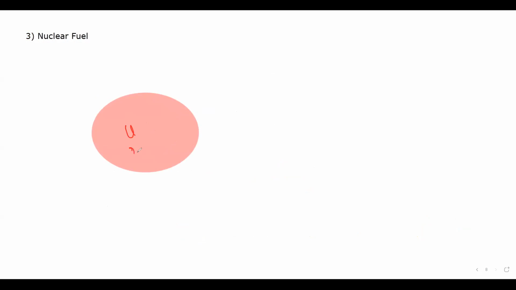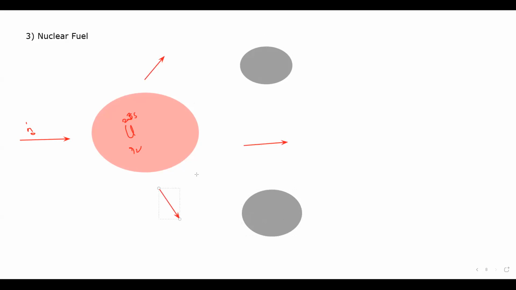We use uranium-235, the isotope with atomic number 92, and we break down this uranium with the help of a neutron. We target this uranium with a neutron, and the uranium nucleus breaks down into smaller nuclei. So lighter nuclei are produced, and energy is also released.